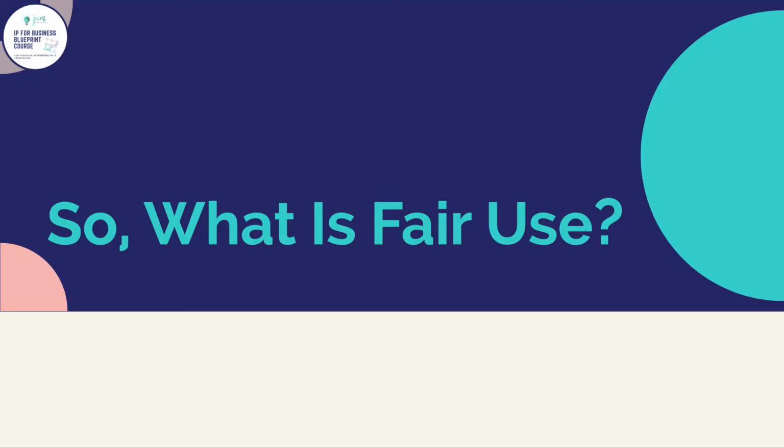What is fair use? At its most basic of definitions, fair use is a legal principle that allows for the use of copyrighted work without first getting permission of the copyright's owner. Generally, if you use copyrighted materials without permission of the owner, you are infringing on the owner's exclusive right to use the copyrighted material.